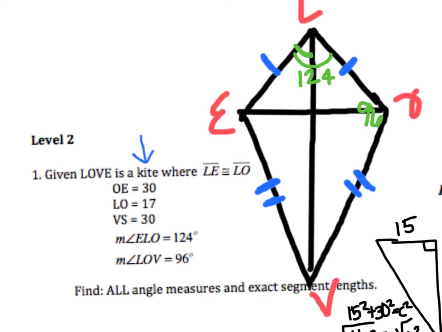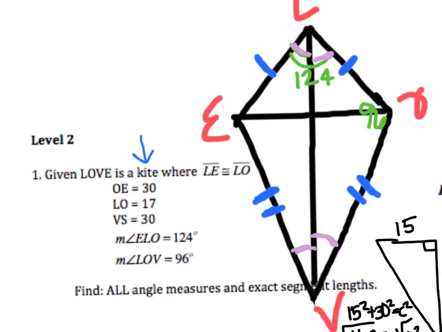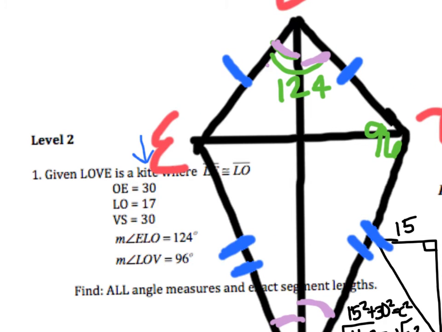So it will bisect this one in here into 2 equal, and this one down here into 2 equal. Now they're not necessarily the same, but they're just bisected, they're cut in half. So 124 divided by 2 is 62. So this inside angle in here is 62. And same thing with that one.